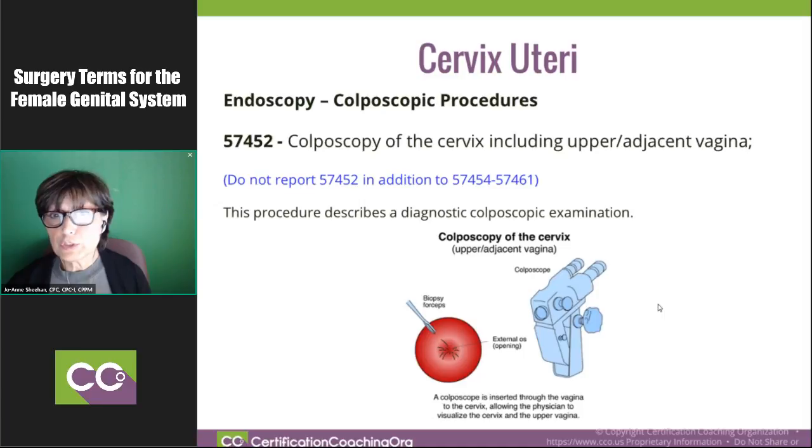Now, the colposcopy of the cervix, including the upper adjacent vagina, describes a diagnostic colposcopic exam. And it's here where it says you don't want to report this code in addition to 57454 through 57461.